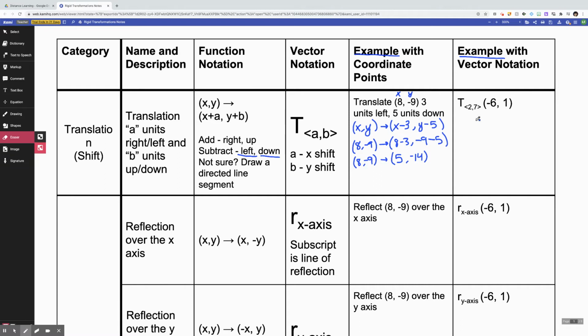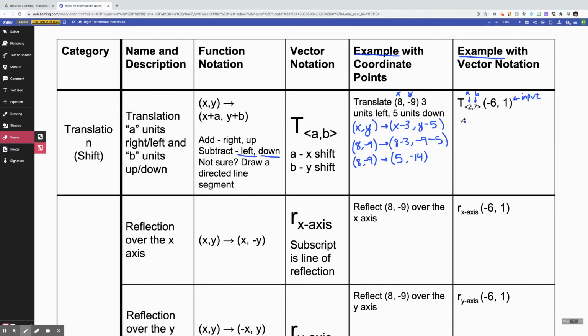It's very, very similar with vector notation. It's just you don't have this function out. Okay, so with vector notation, I have my capital T right here, which means translate. Okay, this number right here is how far you're moving for x, and this number here is how far you're moving for y. Okay, and then this is your input. That's like your original coordinate point.